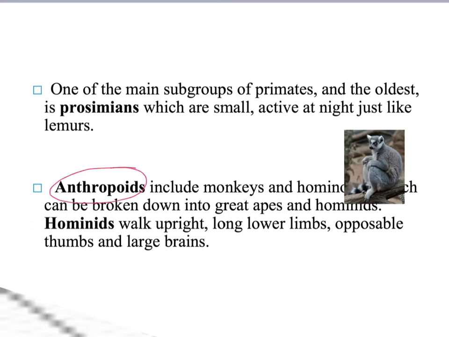That's going to be monkeys, hominoids, and then we break it down to great apes. Finally is hominids. Now that's what we are. We are hominids. We walk upright. We have long legs and opposable thumbs. Opposable means that it can work independently from the rest of our hand. We also have large brains, thank you very much.